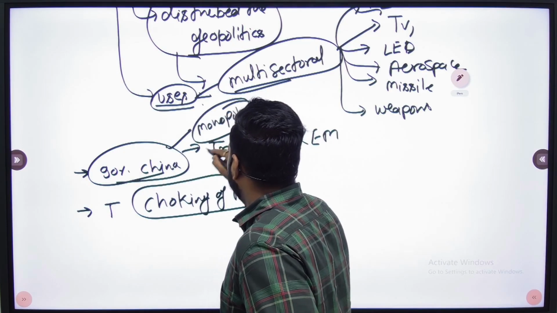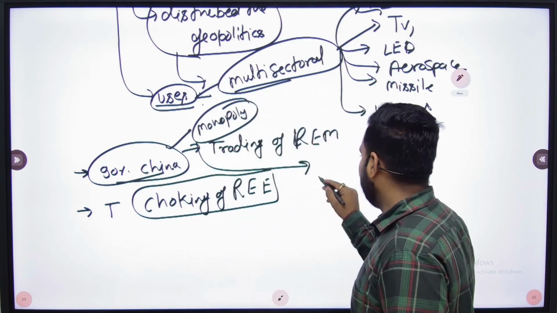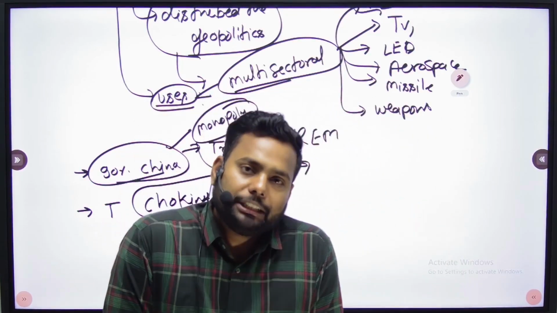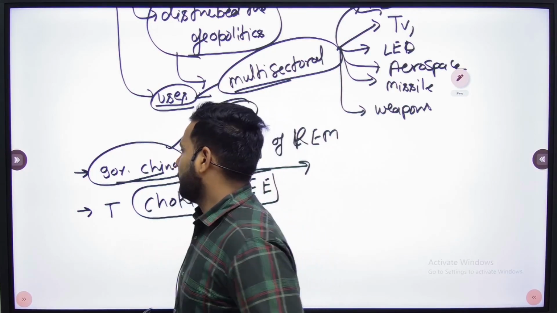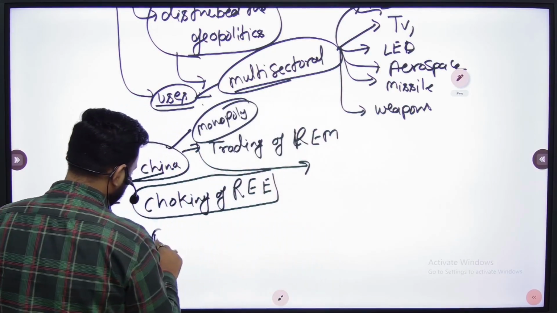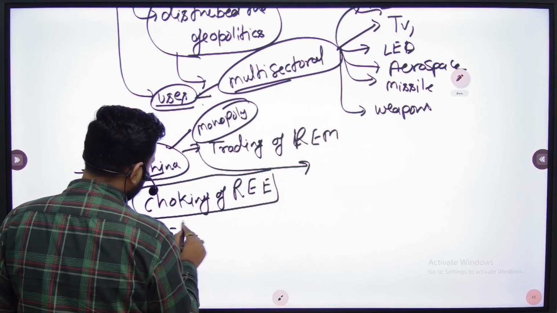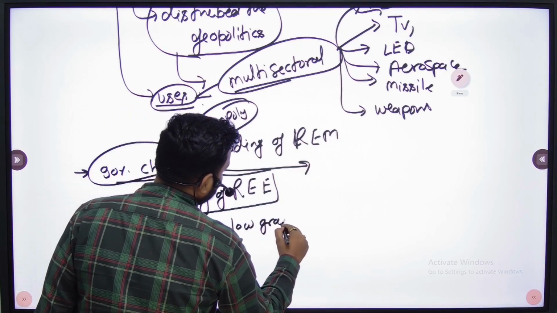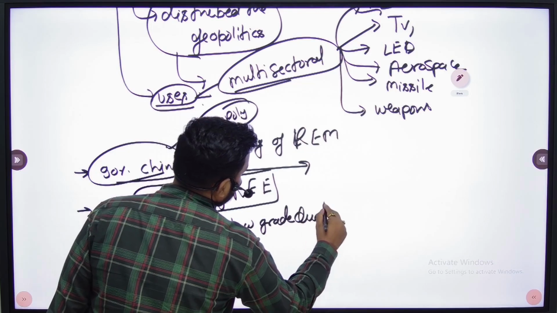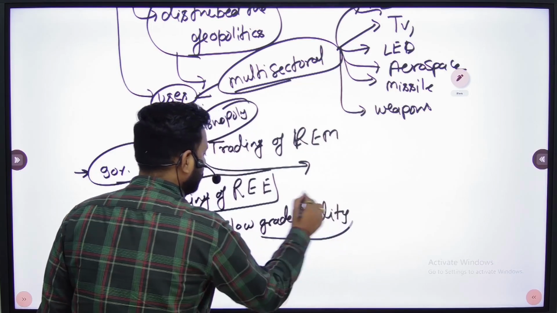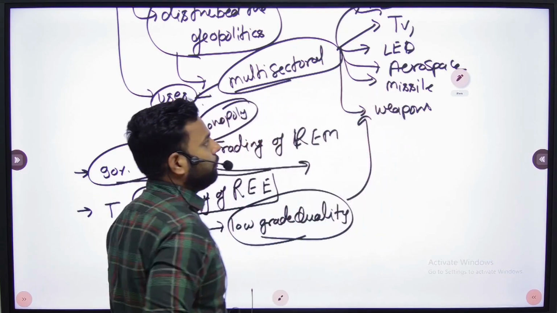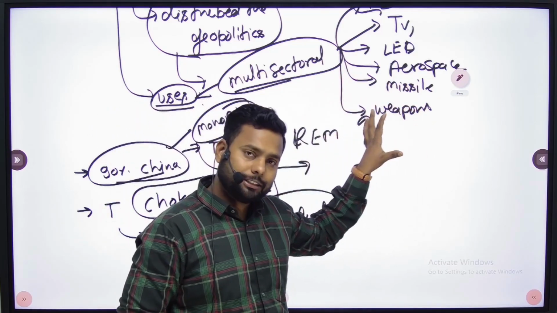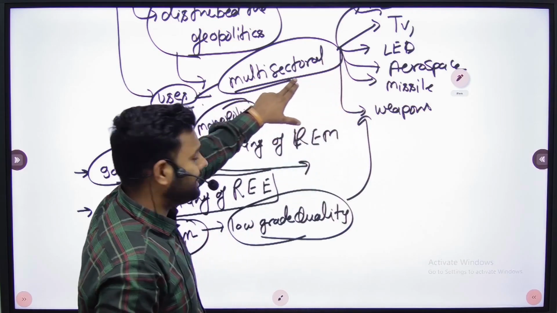And before the tariff war, we have seen so many times where China is controlling the supply chain of rare earth minerals. Now India also has rare earth mineral, but of low grade quality. But India also wants TV, LED, aerospace, missile, weapons, medicine, because it's a multi-sectoral use of rare earth mineral.